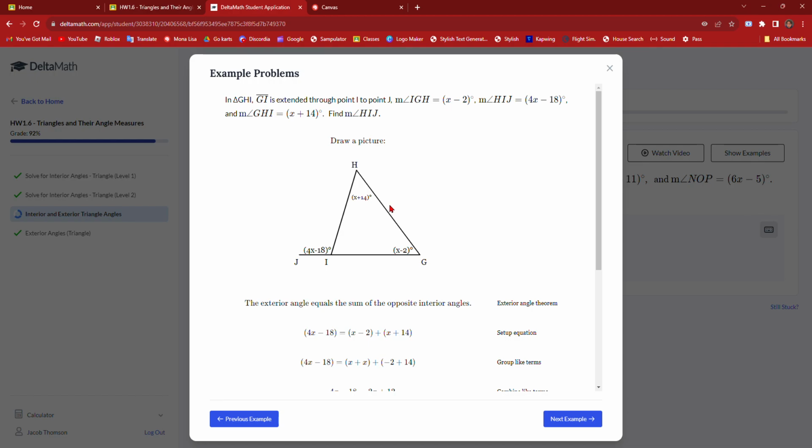However, you're going to substitute the value for x here. So let's say the value of x is 6. You're going to do 4 times 6, 24 minus 18. That is obviously not right, considering that is an obtuse angle. So that cannot be below 90 degrees. It needs to be above 90 degrees. And it cannot be exactly 90 degrees, because then that would make it a right angle.